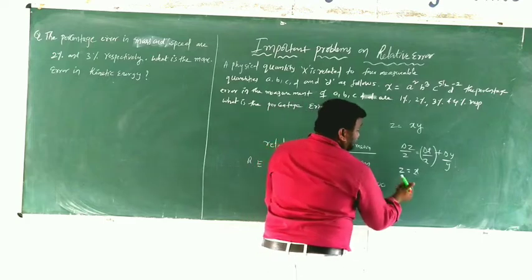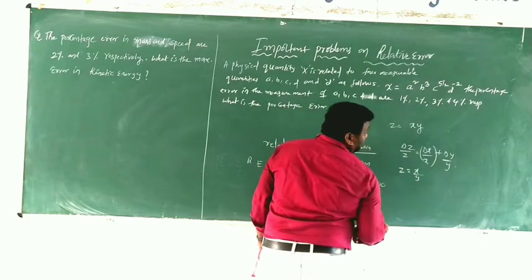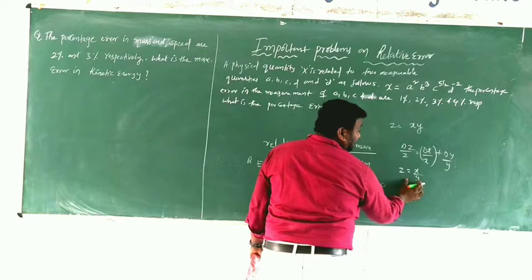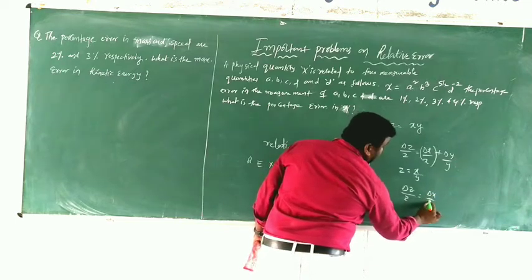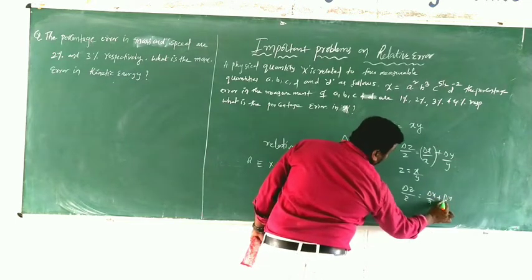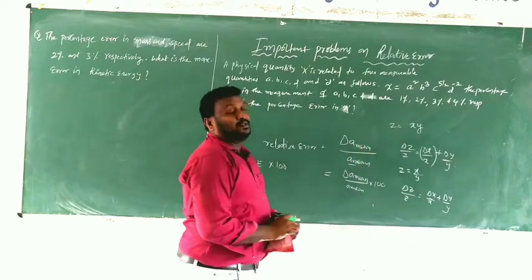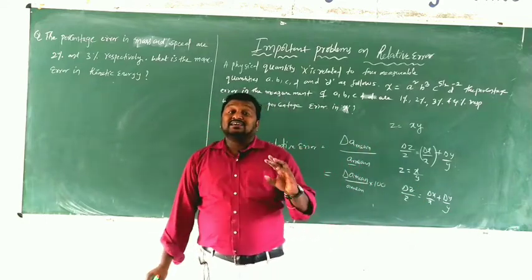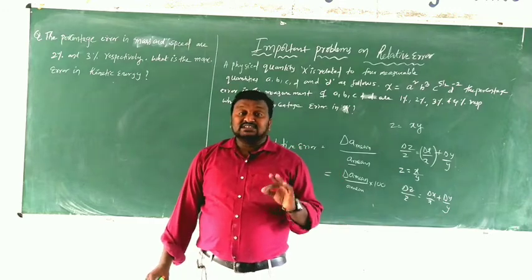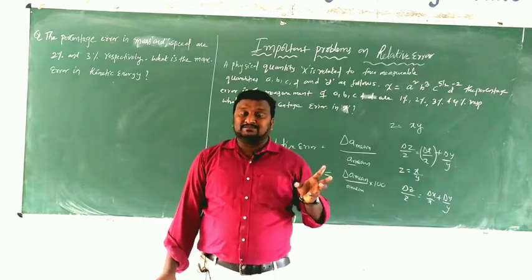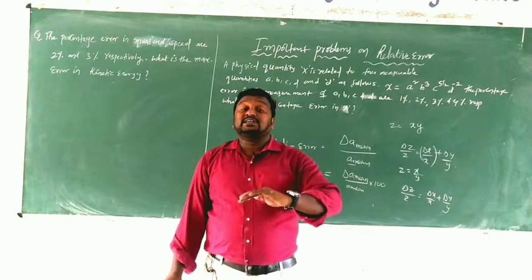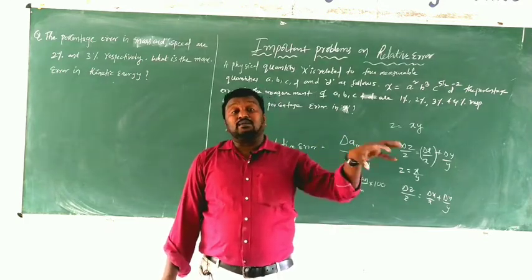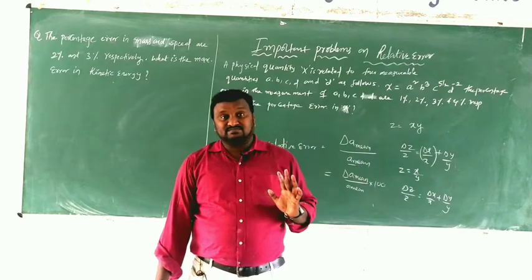So here z equals x by y. For multiplication and division, you get the same thing: delta z by z equals delta x by x plus delta y by y. In multiplication or division, the relative error of the result is the sum of the relative errors of the quantities in that relation.